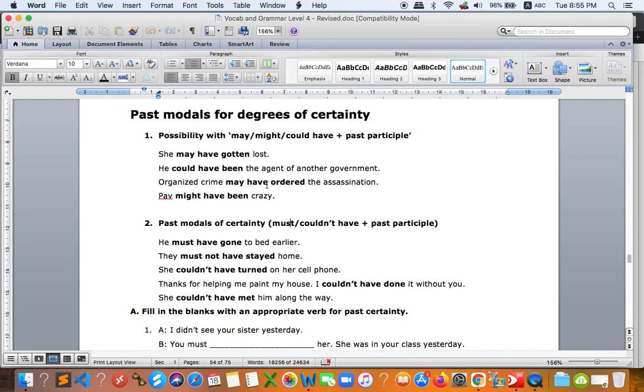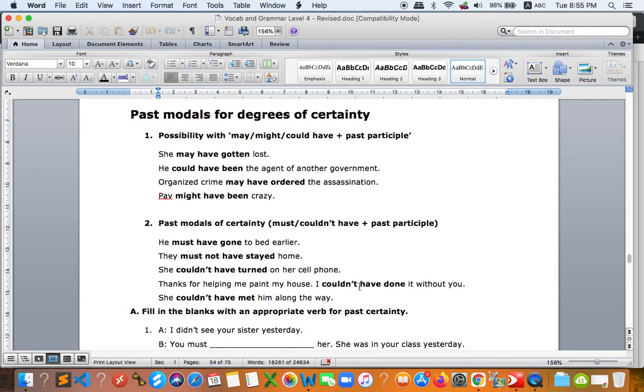Let's look at some examples of the second one. He must have gone to bed earlier. So you are somewhere around 90%, or maybe 100% if you know something about this person. They must not have stayed home. She couldn't have turned on her cell phone. Thanks for helping me paint my house.